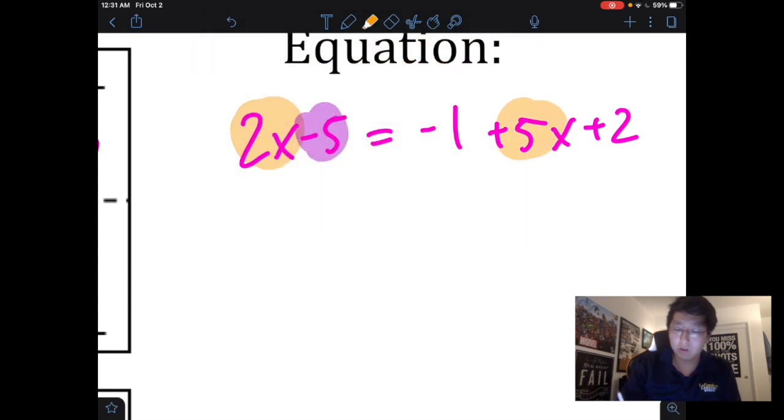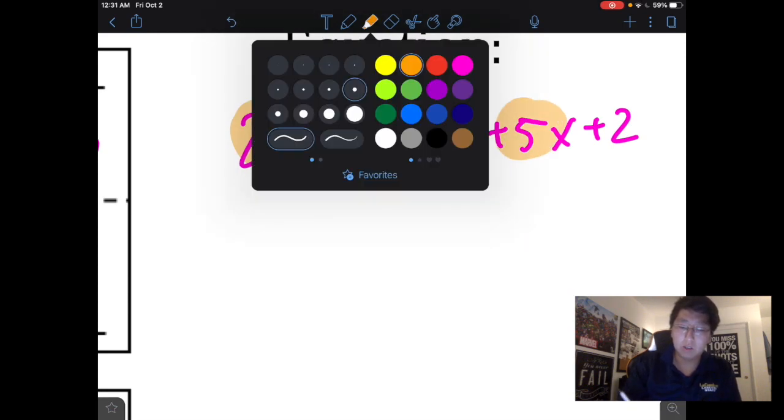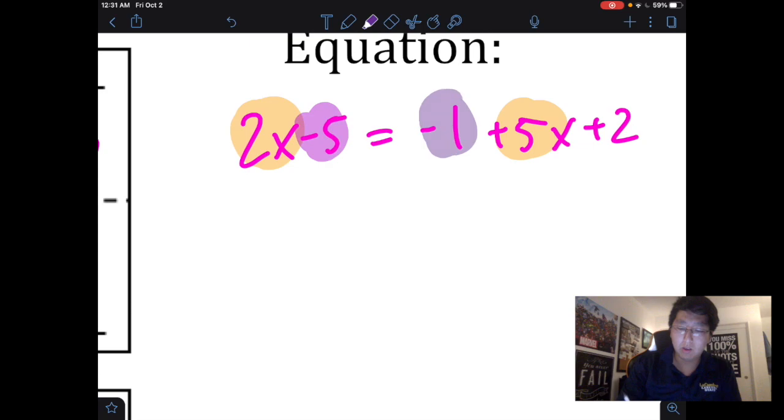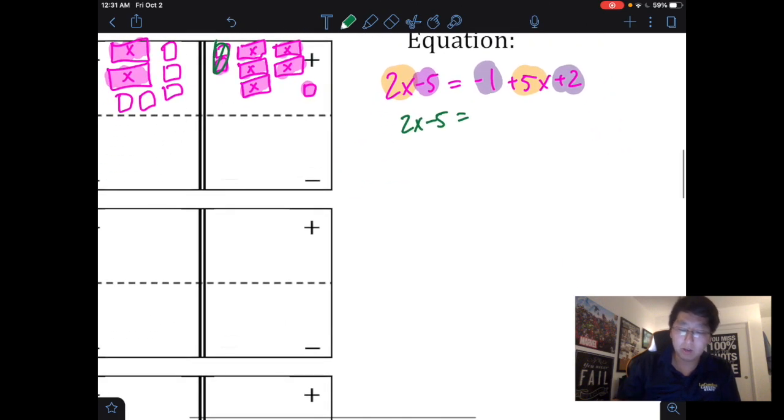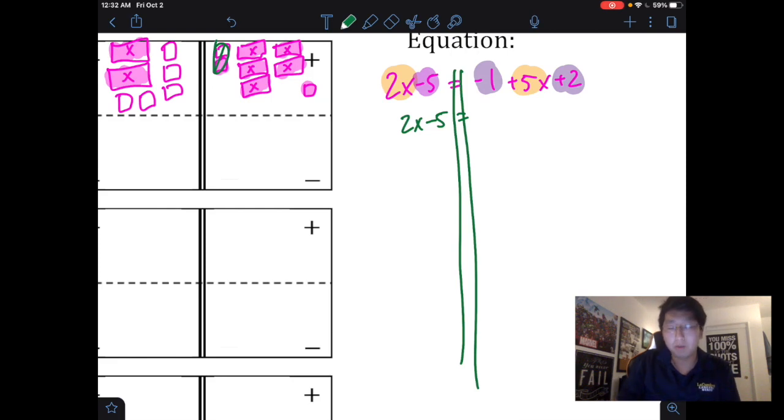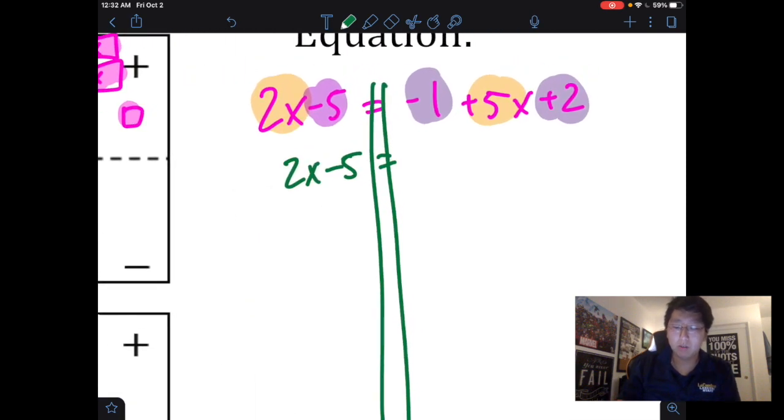On the right, we could go 5x. We can combine negative 1 and positive 2. So we have 2x minus 5 equals, and remember the equal sign is 2 lines down the middle. So 2x minus 5 equals 5x, and 2 minus 1 is plus 1. 5x plus 1.